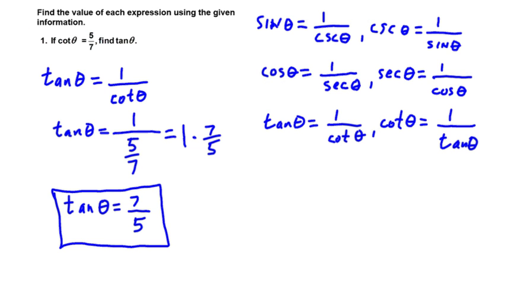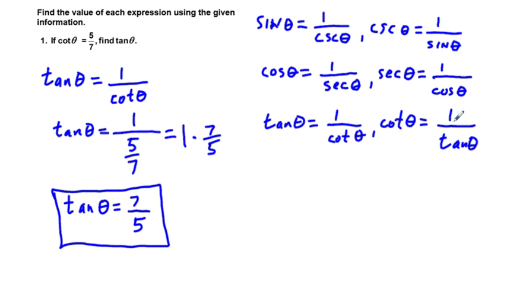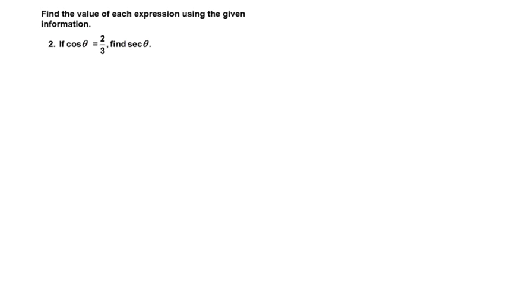Let's go on to our next odd number problem, which is 3. If tangent alpha is 1/5, find cotangent alpha. Similar to the last one, we're going to use the cotangent identity.